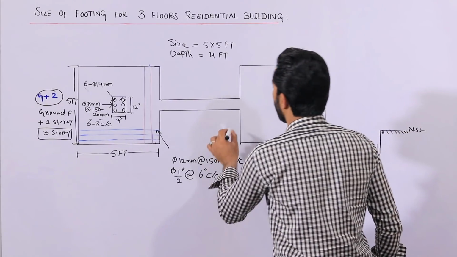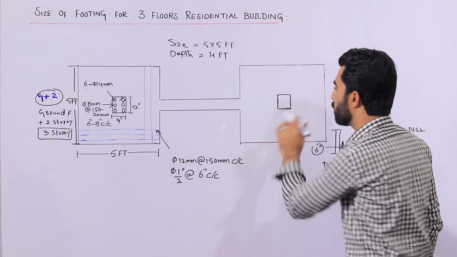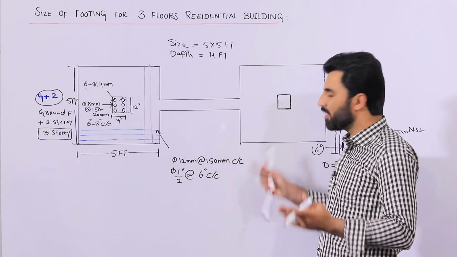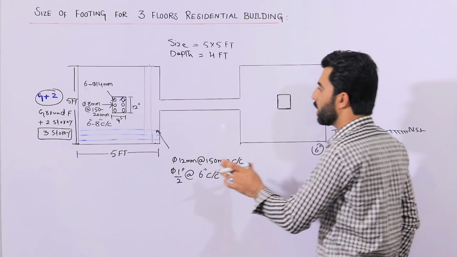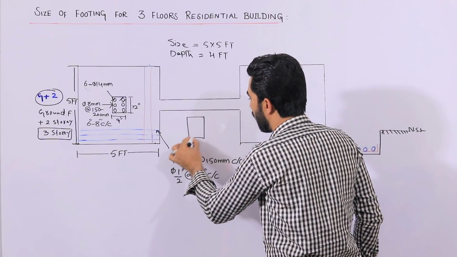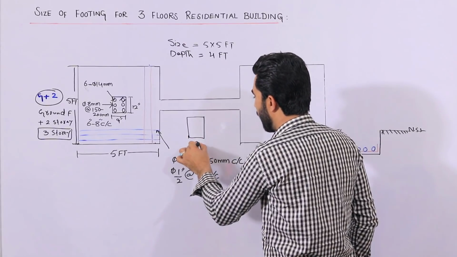Now guys, inside these two footings, the same design you can do if you are providing, for example, strip footing. So strip footing can be connected by a beam. Here the size of the beam should be up to again 9 by 12 inches.